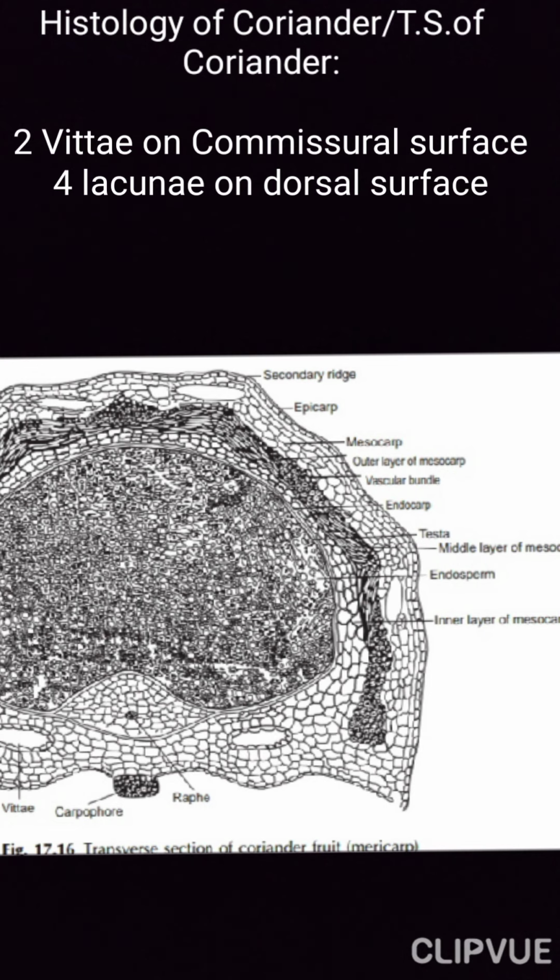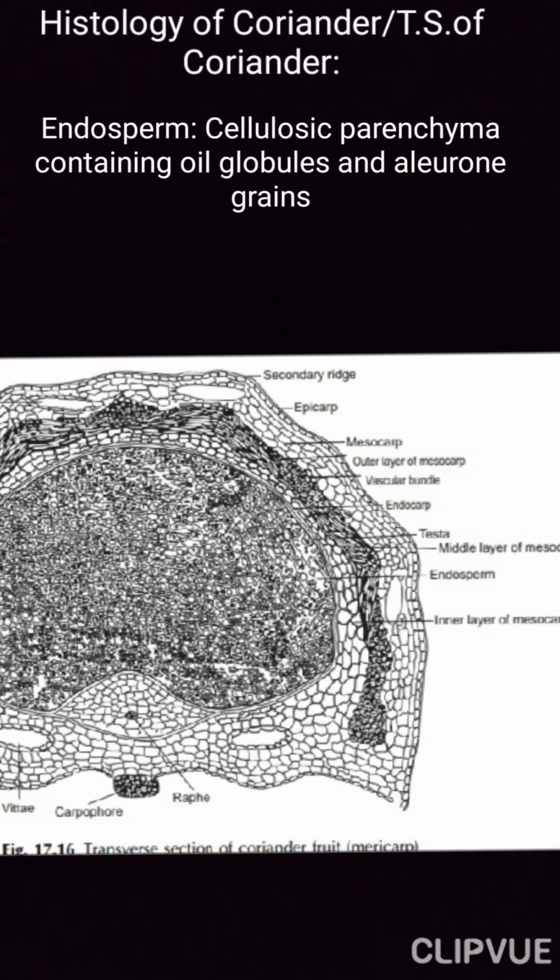Then the endocarp, elongated cells forming the parquetry layer. Sixth, the endosperm, cellulosic parenchyma containing oil globules and aleurone grains. You must write this much along with the image of the transverse section. That diagram you need to draw compulsorily.